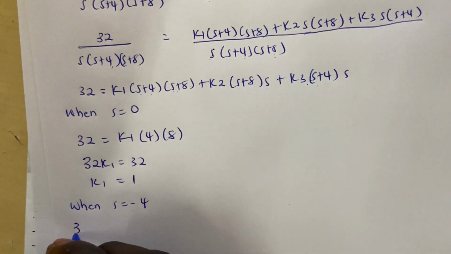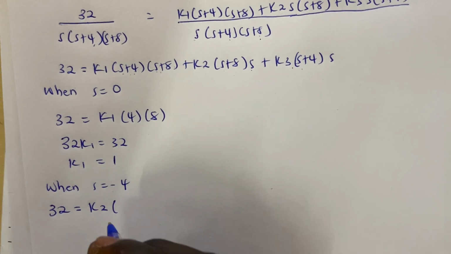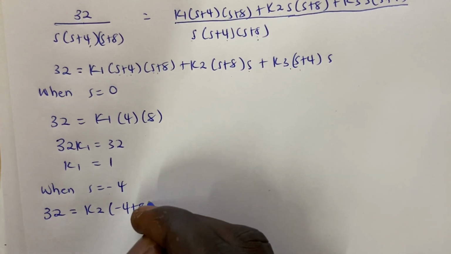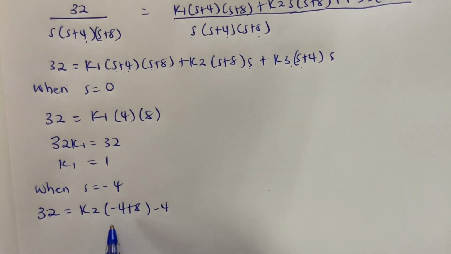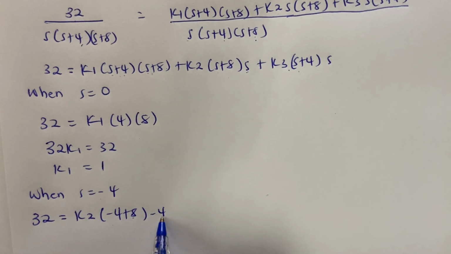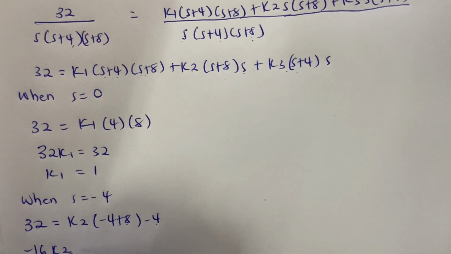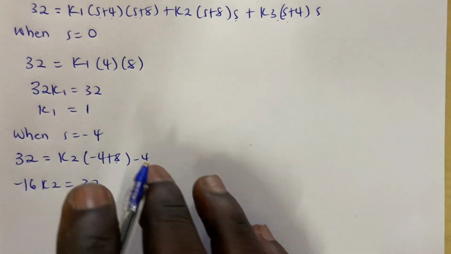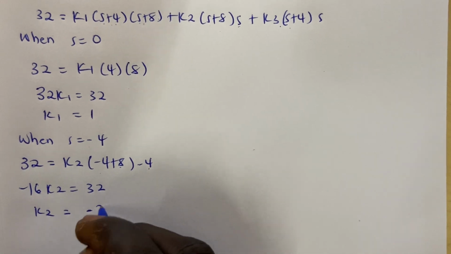So we get 32 is equal to k2 into brackets -4 plus 8, multiplied by, don't forget this s, -4. So -4 plus 8 gives us +4, but +4 times -4 gives us -16. So we get -16 k2 is equal to 32, and we get k2 to be equal to -2.